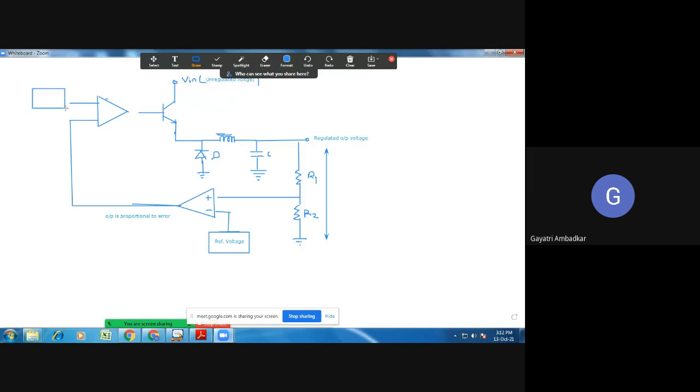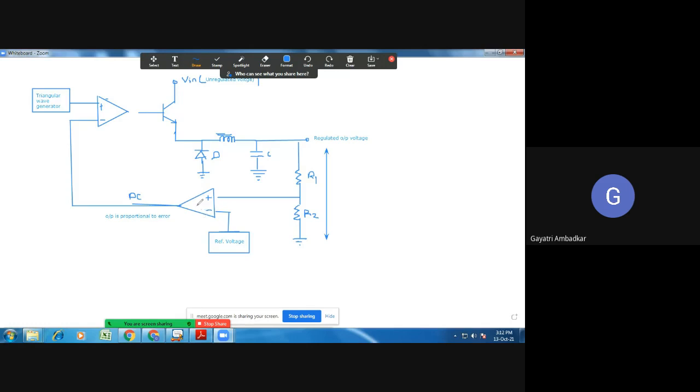So there is a triangular wave generator. And where it is connected, this is the positive terminal and this is the negative, that is the inverting terminal. So this output is of course DC in nature.